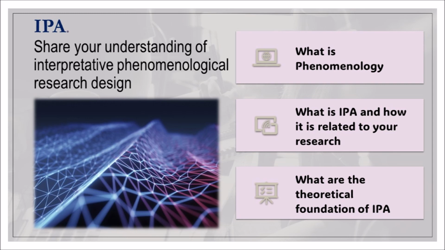Then you should discuss IPA and provide its theoretical foundation so that the reader can understand why your research topic and questions are relevant in this approach. For example, you should write about hermeneutics, you should write about idiography, and you should tell how it can be used to understand the lived experiences and individual narratives.